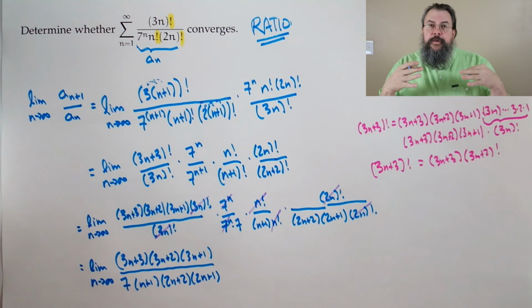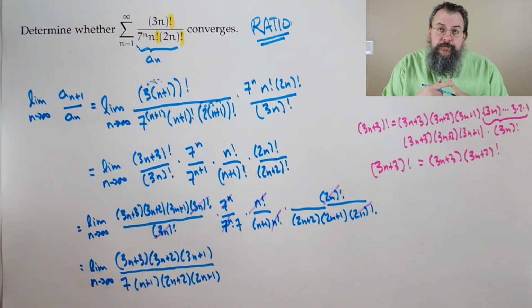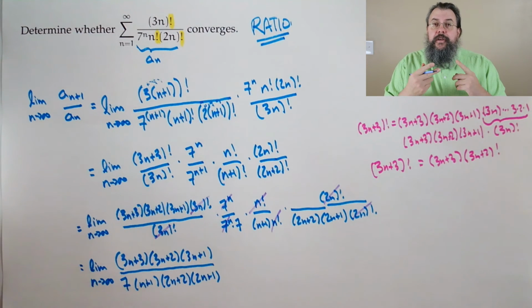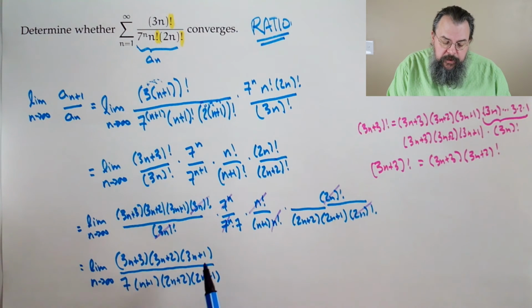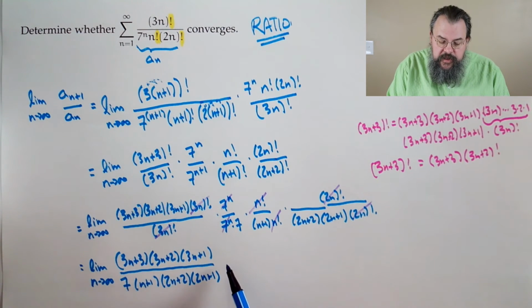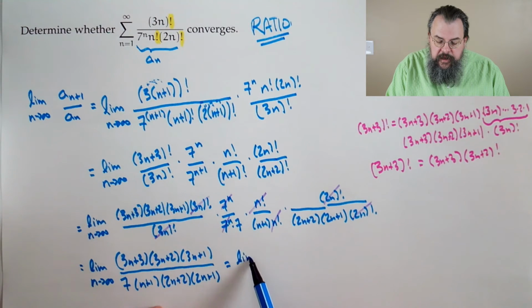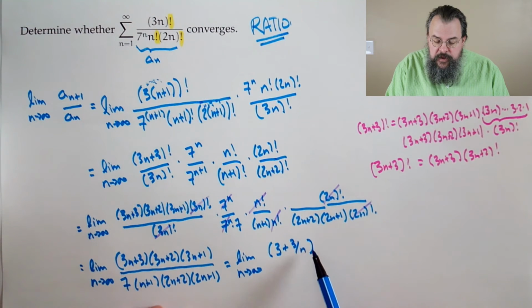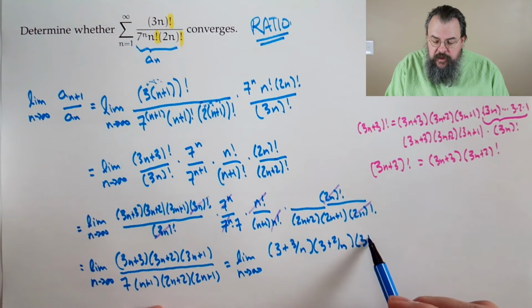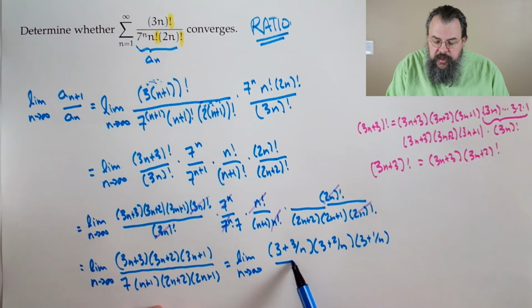And now it's polynomial over polynomial. You can do things like look at the leading coefficient. Another thing is to say, let's just divide 3 terms by 1 over n upstairs, 3 terms by 1 over n downstairs. So I'm essentially multiplying by 1 over n cubed, both upstairs and downstairs, which will have the effect of slowing things down so things don't go off to infinity.